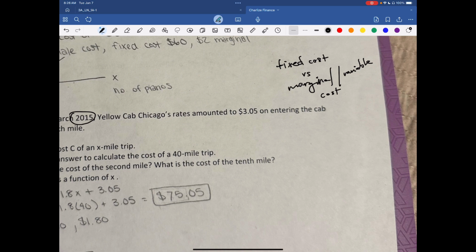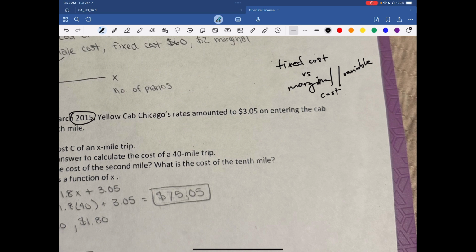For example, if I were to take an Uber from my apartment to the supermarket, it might be $10, but the supermarket is only like 2 minutes away. So it doesn't really make sense to pay $10 to go.